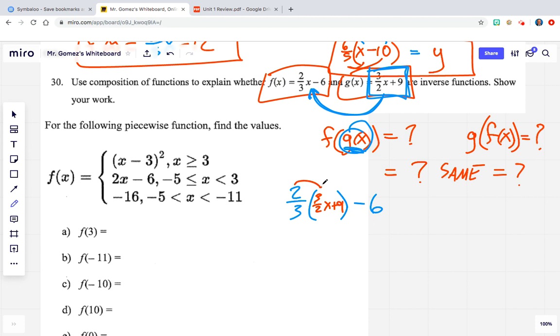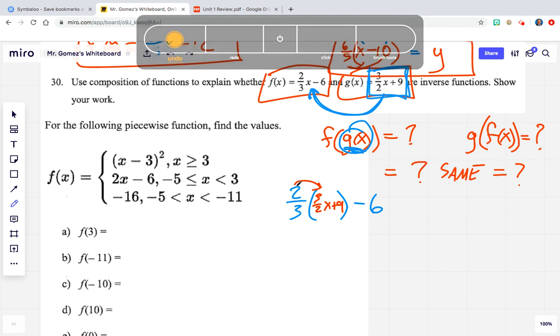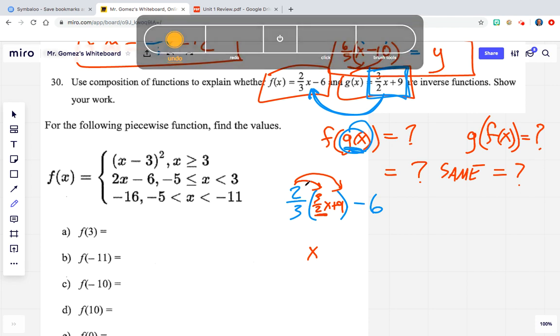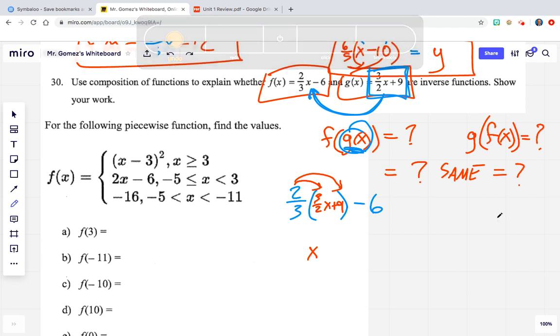So 2/3 times 3/2 is 1, because we know those simplify to a form of 1, and those simplify to a form of 1. So when I multiply, x is left over. But remember, you're going to have to distribute this 2/3 over, because this is addition. There's two terms over here, like two islands, if you will. You're going to distribute this 2/3 over to the 9 as well.